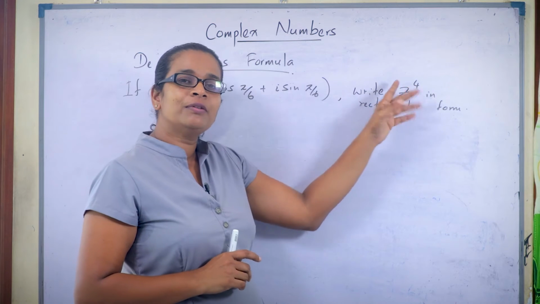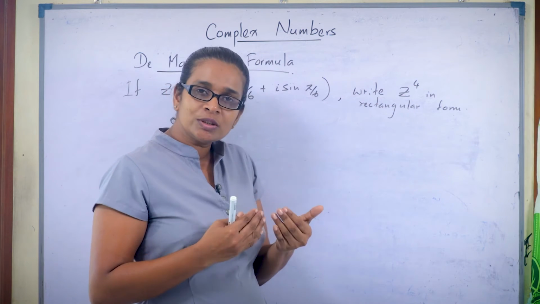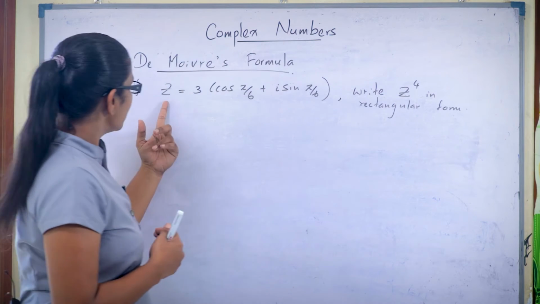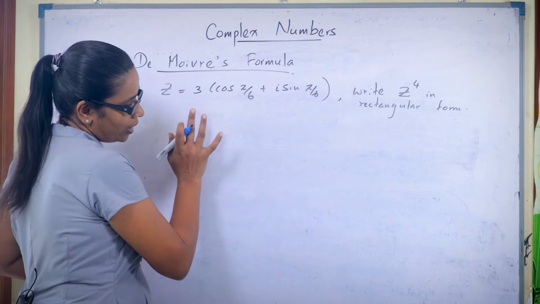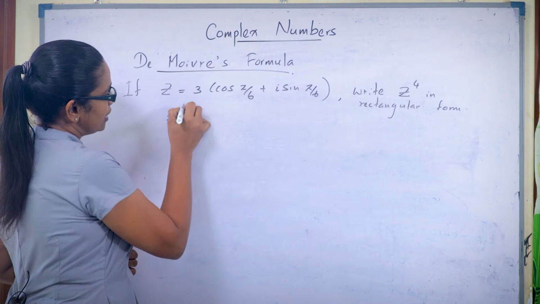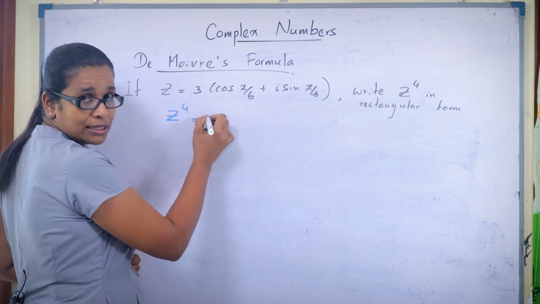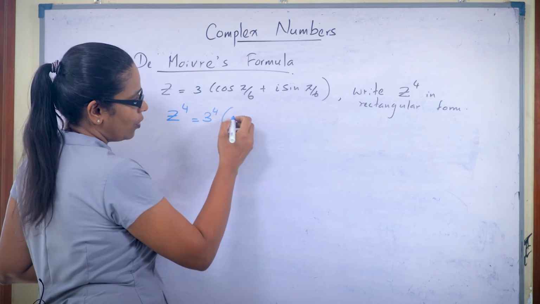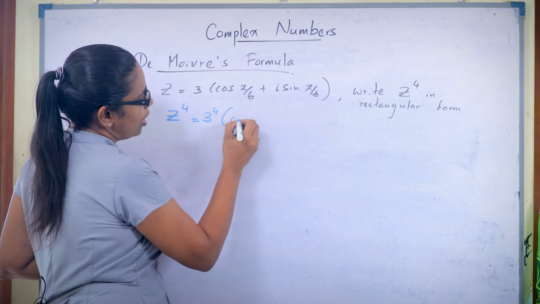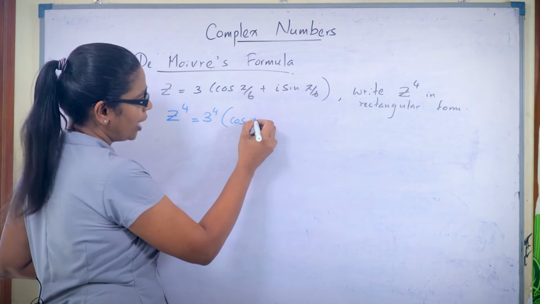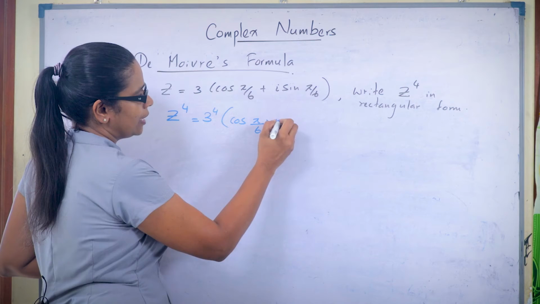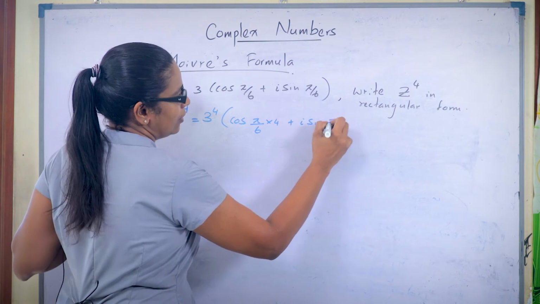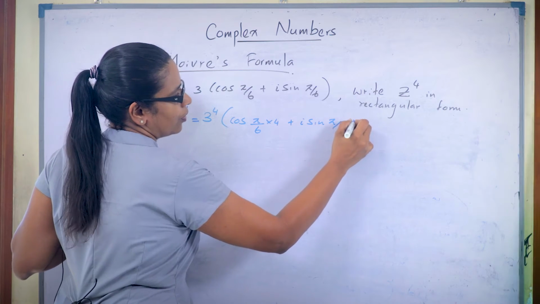Now there's a power for the complex number, so you can apply the De Moivre formula here. Here z is in polar representation. So z raised to the power 4 you can write as, using the De Moivre formula, 3 raised to the power 4. Instead of this cos, you have to multiply this angle by 4, plus i sin of pi over 6 into 4.